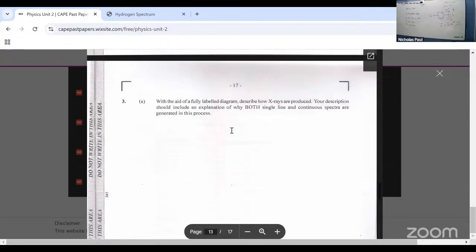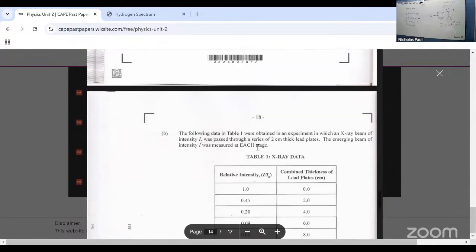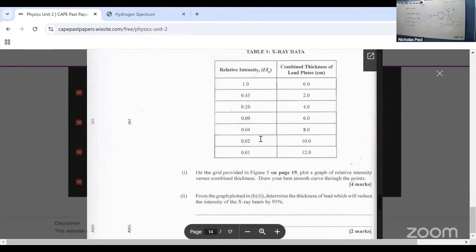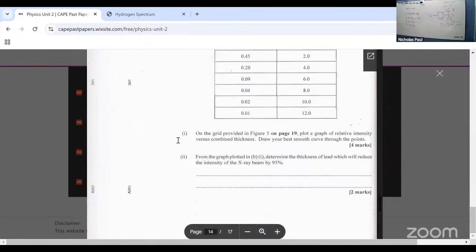Alright, so the first part is a labelled diagram to explain how it's produced, right? Yeah. And then they want to plot a graph. Well, I've got paper. Then they want to plot a graph, right? It's 2019.